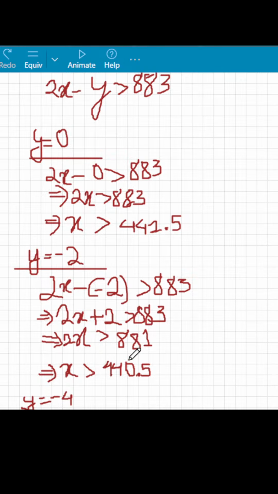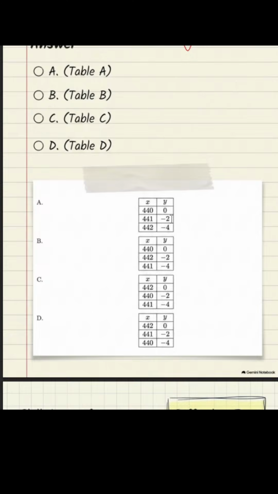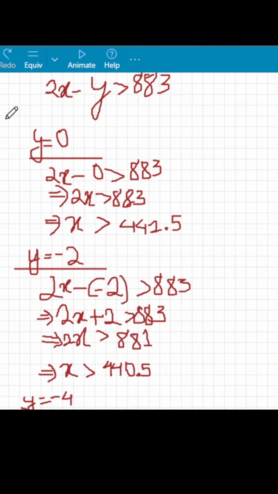Then for y is -2 we have x is greater than 440.5. A and B are rejected, so let us see C and D. Here for y is -2 we have x is 440. 440 is not possible because x should be greater than 440.5.